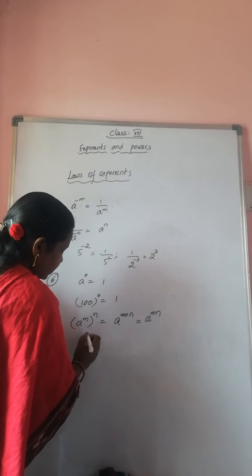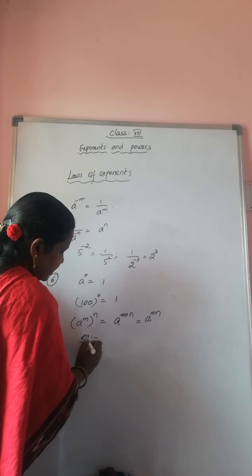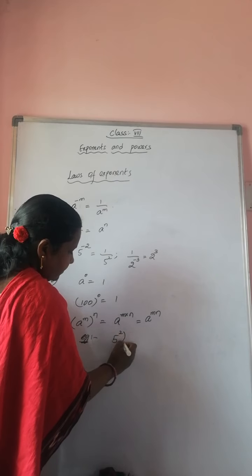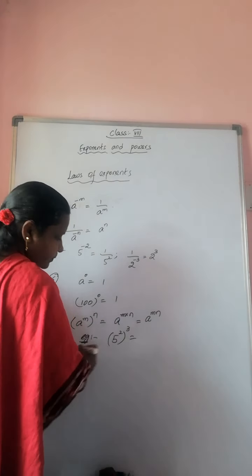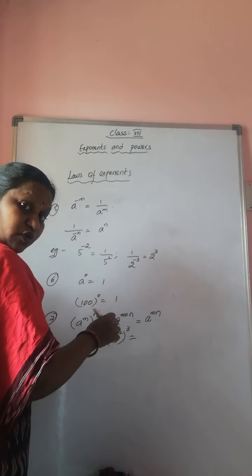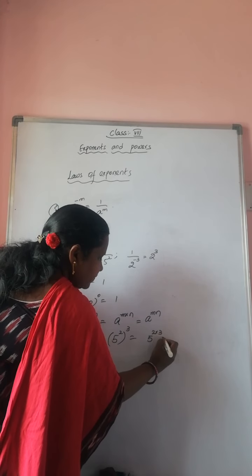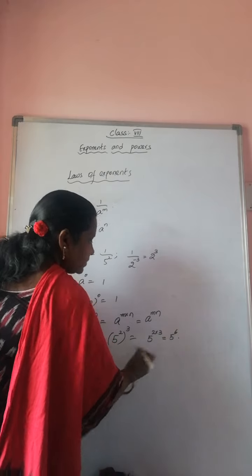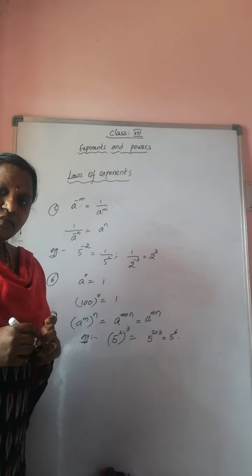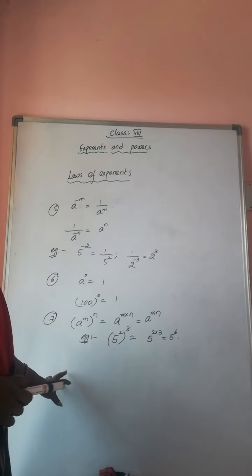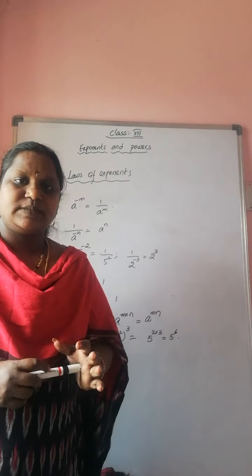I think everybody is clear? For example, 5 power 2 whole power 3: 5 to the power of 2 into 3, which is nothing but 5 power 6. Okay. So these are the laws of exponents I have explained now.